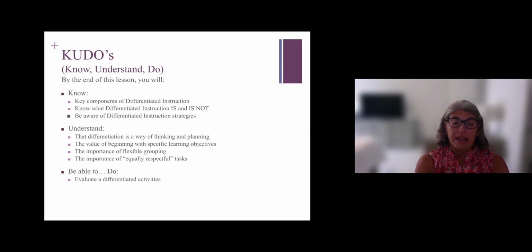I want you to understand the importance of grouping flexibly so that you don't just target children and put them into groups and keep them there. And the importance of equally respectful tasks for everyone. So some students don't just get a task that's kind of dumbed down, and everyone else gets a better task. And I want you to be able to evaluate a differentiated activity.